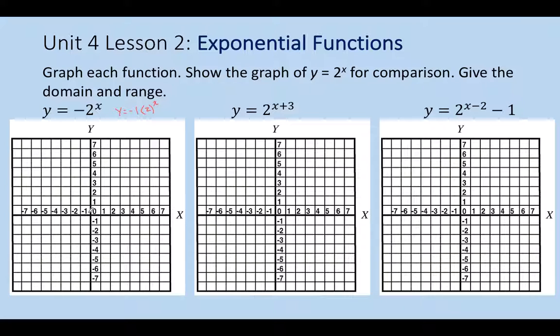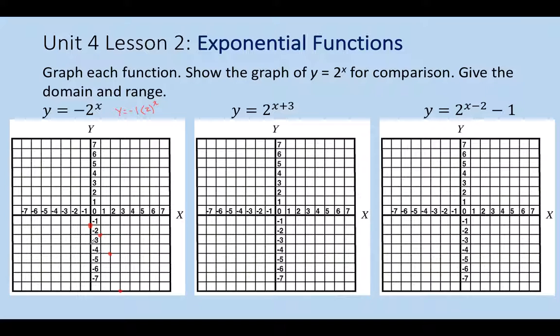And so we can see here that my y-intercept is going to be -1. And then I just multiply by 2 to get to the next number. So -1 times 2 is -2, and -2 times 2 is -4, and -4 times 2 is -8.